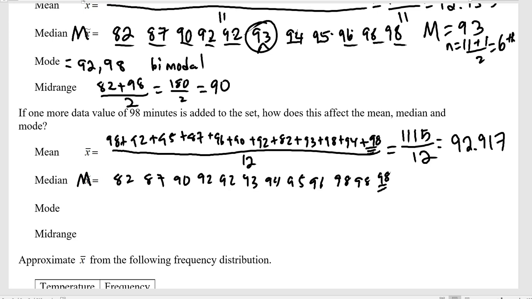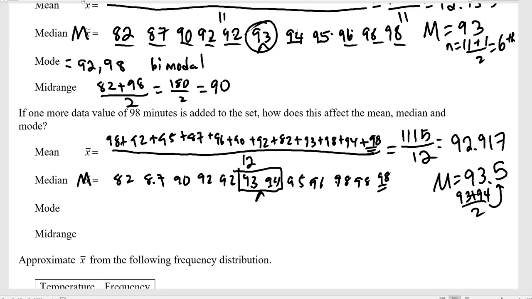Well, if I count my way towards the middle, 1, 2, 3, 4, 5, 6, 1, 2, 3, 4, 5, 6, I end up with two numbers in the middle, 93 and 94. So our median will be the average of those two. What number's in the middle of 93 and 94? Our median is just 93.5. What is that? 93 plus 94 over 2. Okay? That would be the middle number.